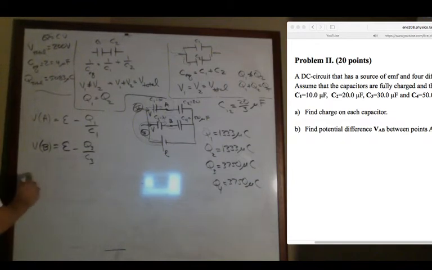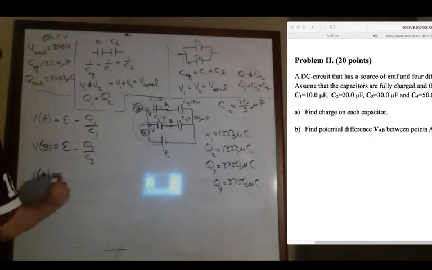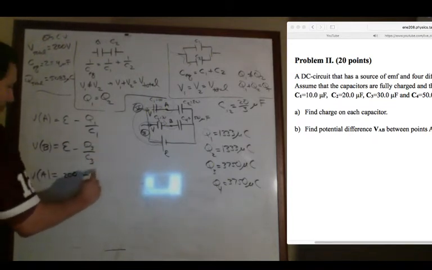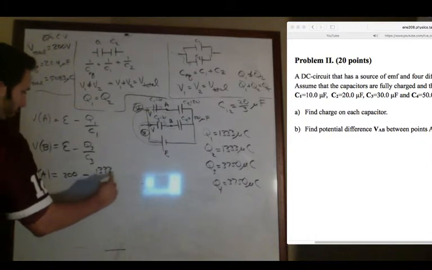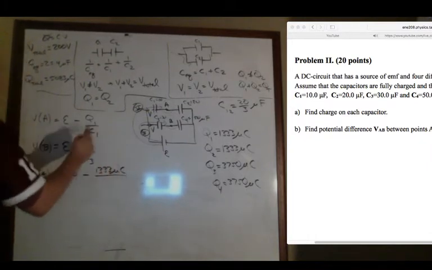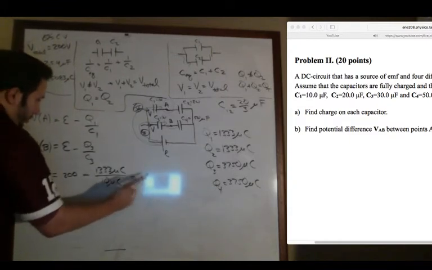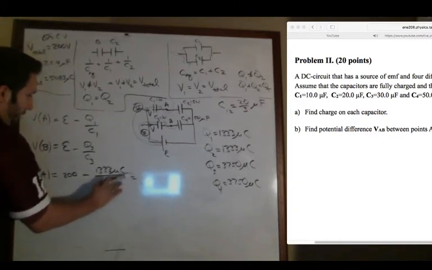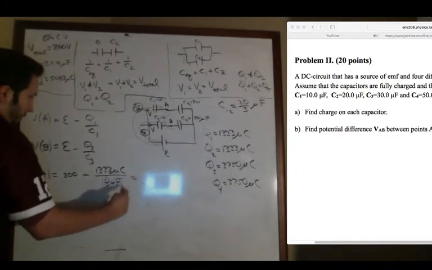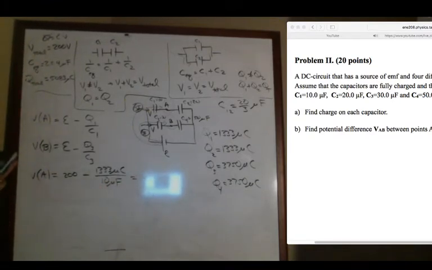And so V of A is going to be your EMF of 200 volts minus my Q1, which is the 1333 microcoulombs, over C1. C1 is 10 microfarads. And so when you do 200 minus 13.3, we would have 66.7 volts.